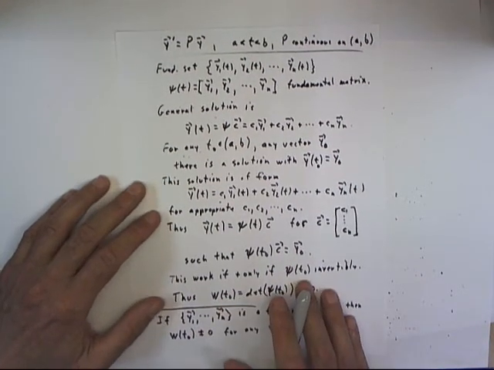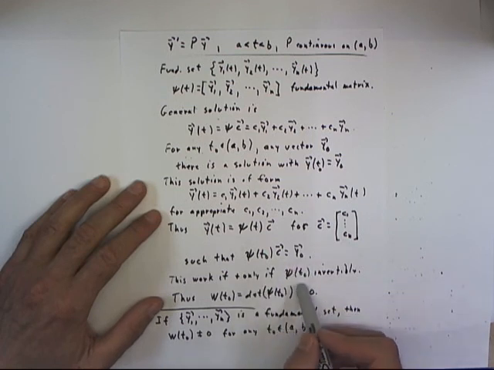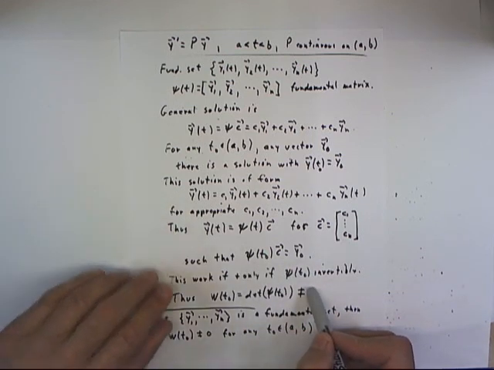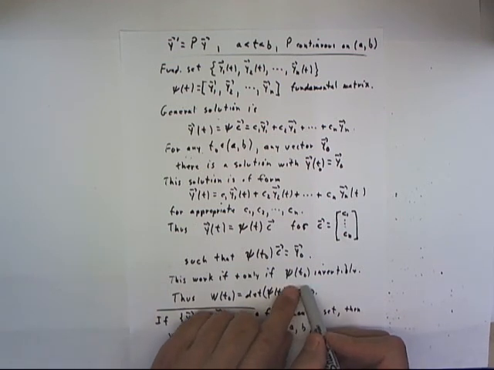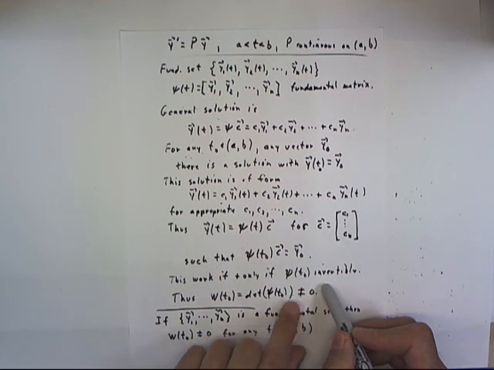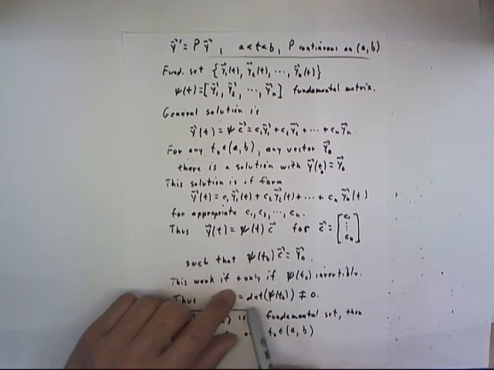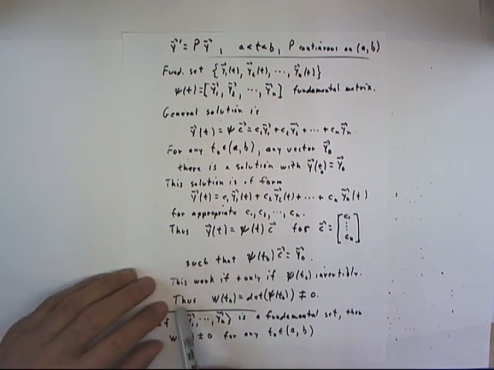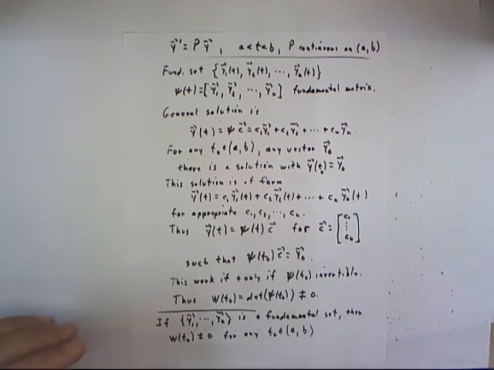This can work if and only if this psi matrix of t naught is invertible. Since it's invertible, its determinant has to be non-zero. But what's the determinant of psi of t naught? It's just the Wronskian at t naught by the definition of the Wronskian, so we conclude that the Wronskian is non-zero.